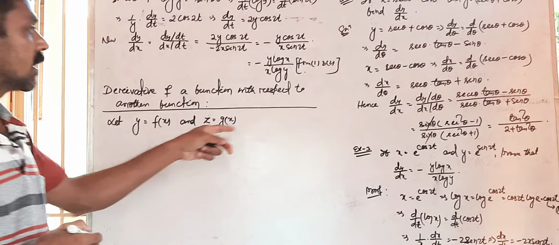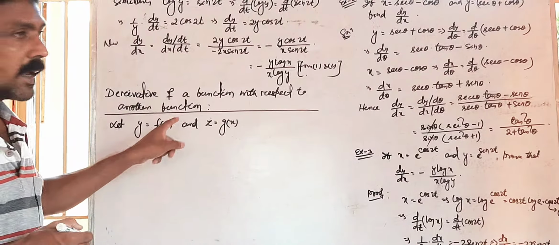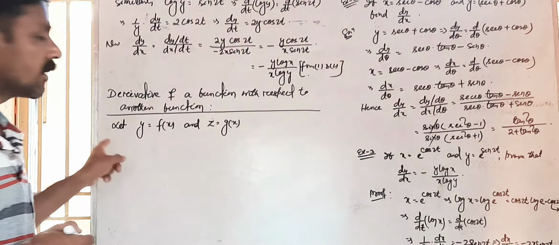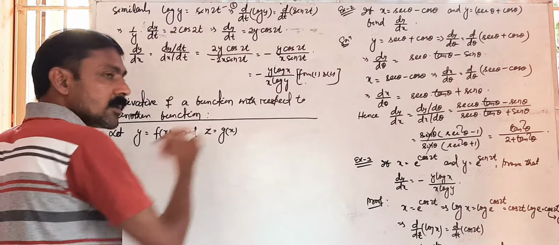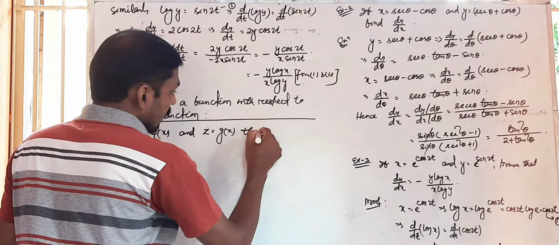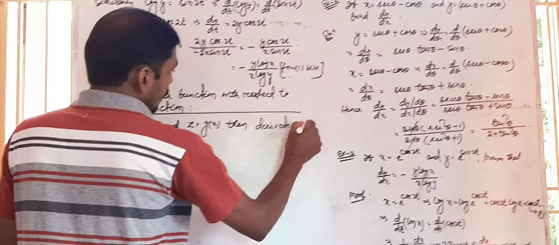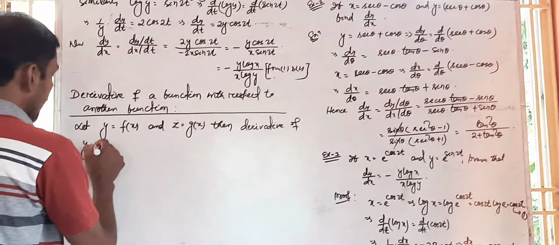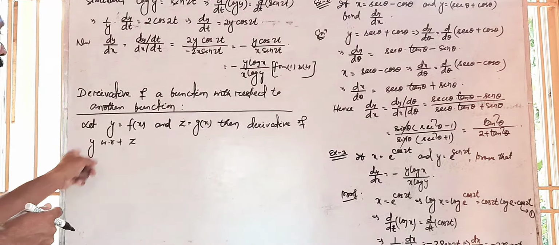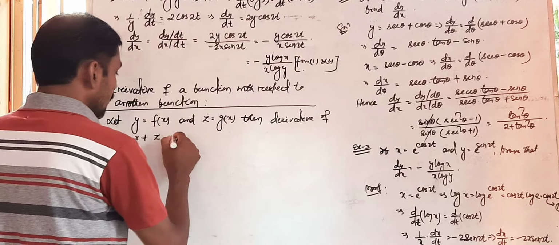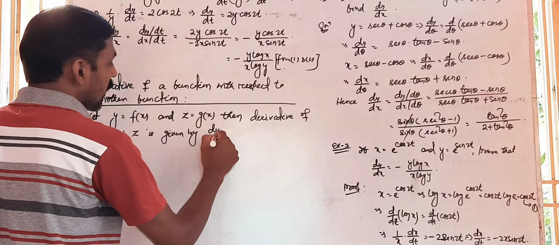Now you mark the difference. In parametric form, y was a function of t, x was also a function of t, and we were finding dy by dx. But here y is a function of x and z is also a function of x. Then the derivative of y with respect to z, that is, the derivative of one function y with respect to another function, is noted as dy by dz.